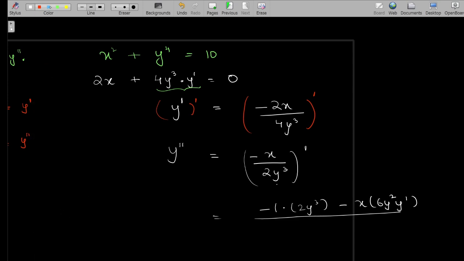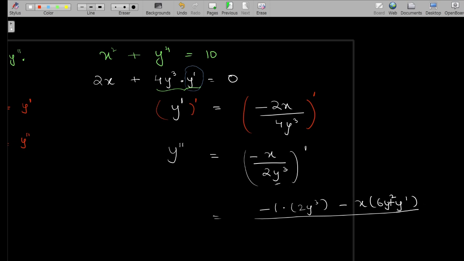Anika, tell me if this step is clear. See this, how did we get this y prime here? Because that's what we do whenever we're finding y in terms of x. Exactly. So same thing we are doing here. There is y cube in the denominator, so we are differentiating this function with respect to x.